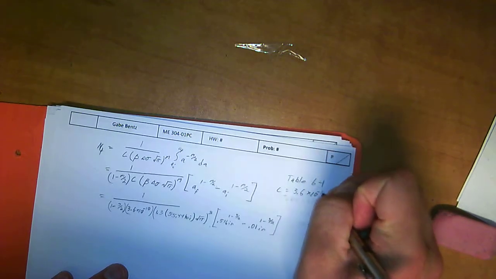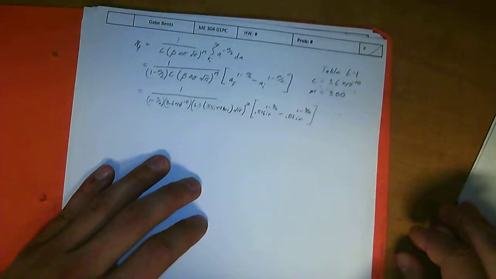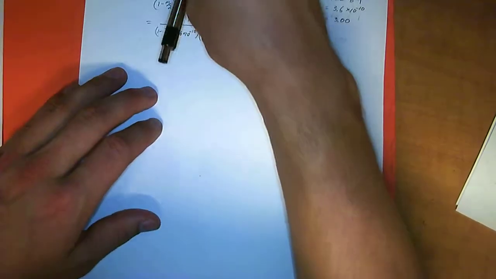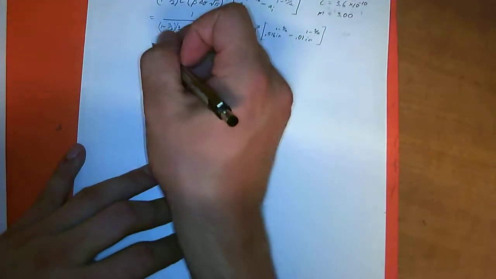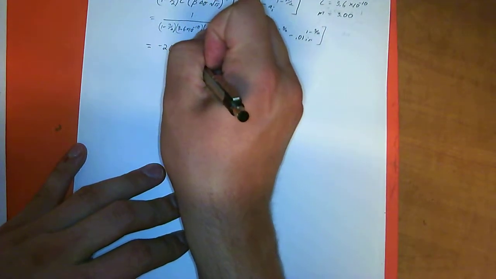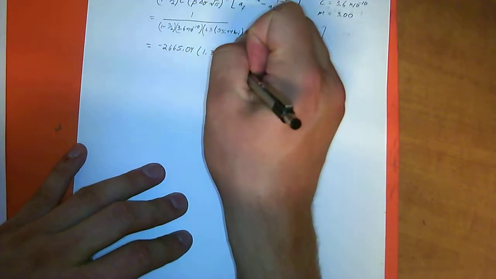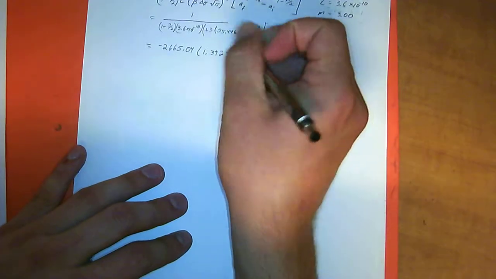Okay, so moving on like that. This all yields a numerator of negative 8.61 in the denominator.